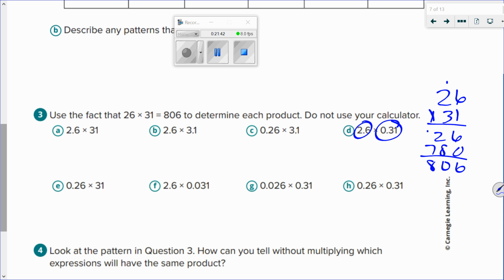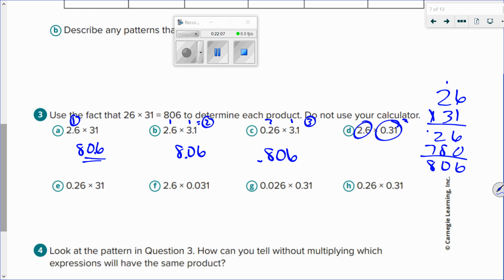So every single time, it's going to be 806. Now I have 1 decimal place, so I put in 1 decimal. 806. I have 1 there is 2 decimal places. Put in 2 decimal places. Here I have 2, I've got 1, gives me 3 decimal places. So 806 with 3 decimal places.